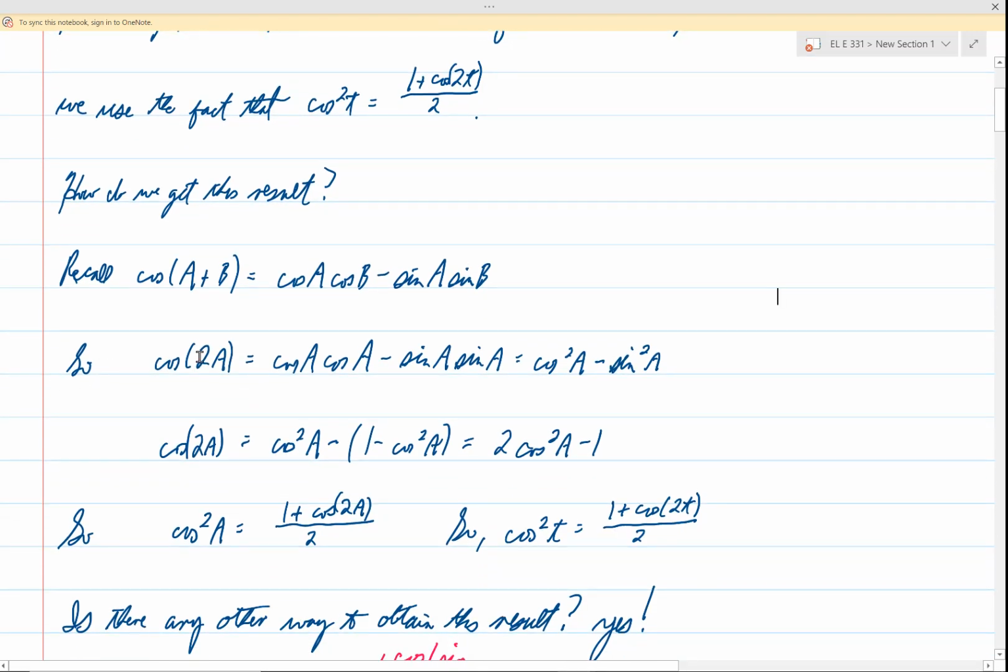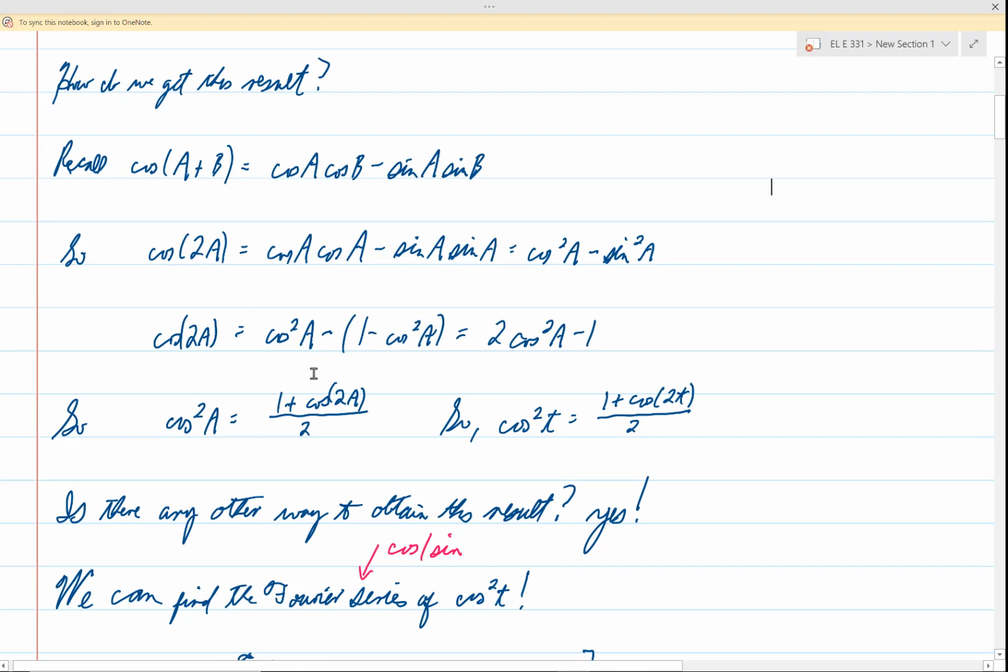Now, if you also remember that sine squared of a is the same thing as 1 minus cosine squared of a, then you have cosine of 2a is equal to cosine squared a minus (1 minus cosine squared a), so you get 2 cosine squared a minus 1.